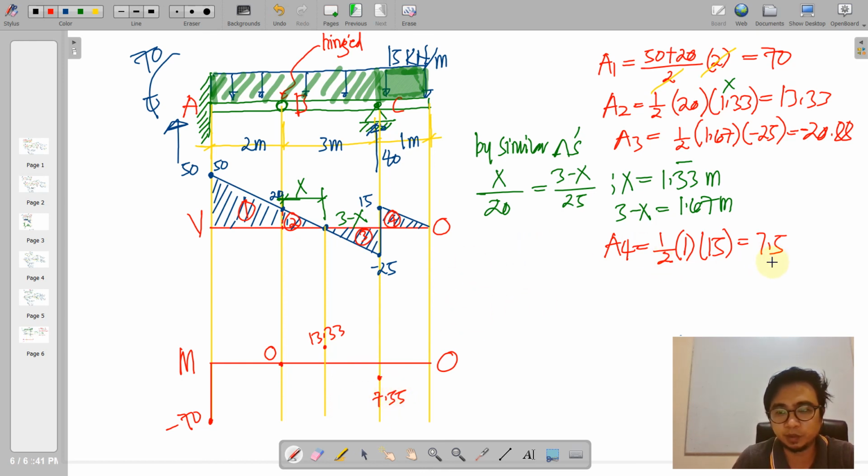So we have here a slight difference because of the rounding of numbers. Anyway, this will just close our moment to this point. So eventually it has two intersections on the 0 line. So we will just connect this line by its line connector.